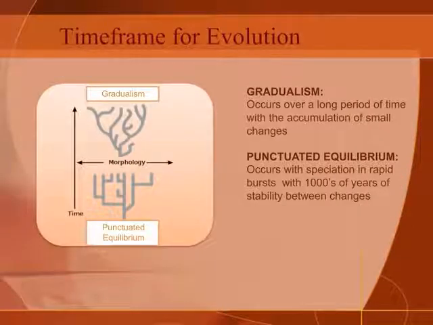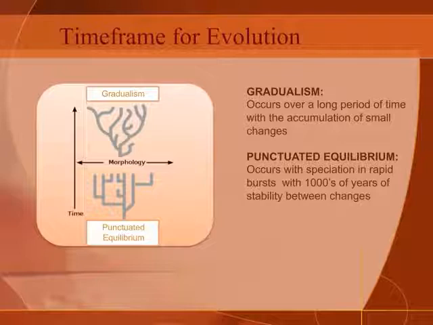Sometimes this process of speciation happens very gradually over a long period of time with the accumulation of small changes. If you follow the arrow over from speciation, you will see this same picture on your graphic organizer. And the picture at the top, which looks like a branching tree, should be labeled gradualism.